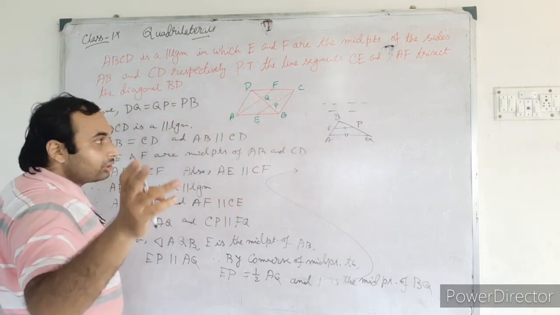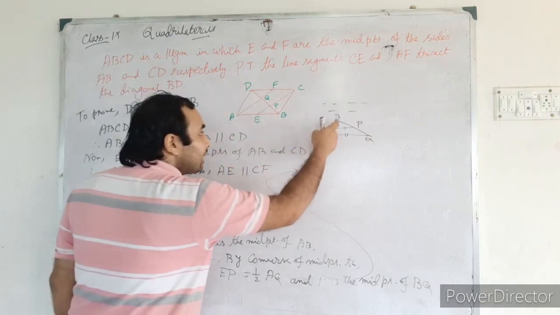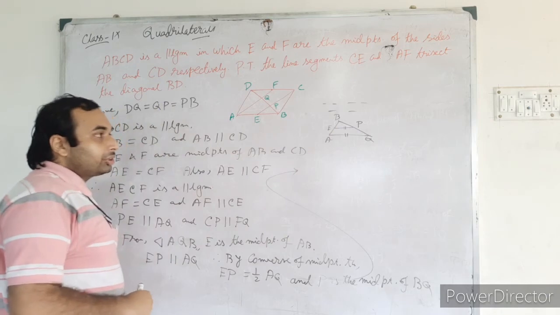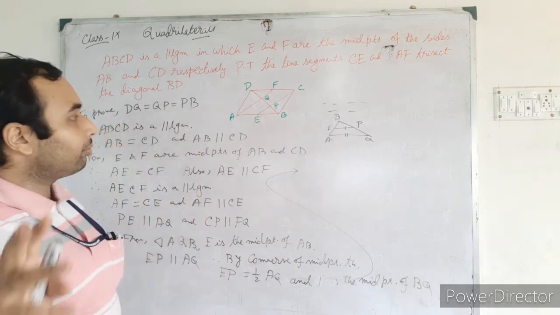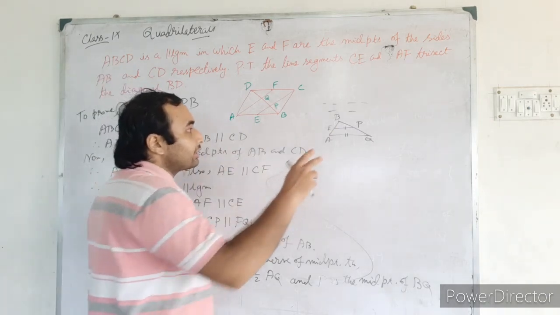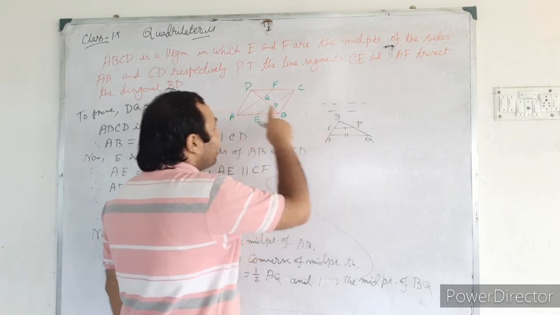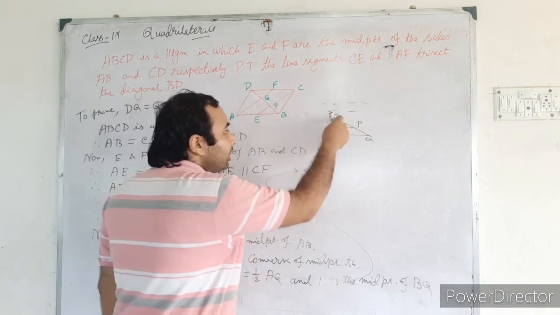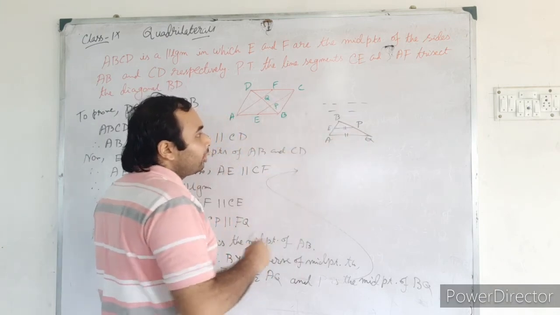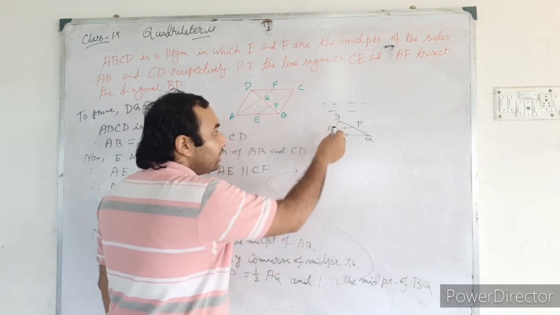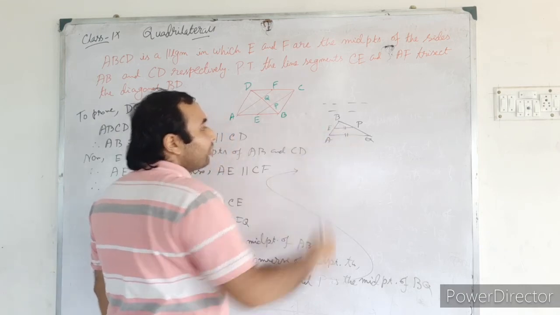That one was there. E is the midpoint of AB, it was there. So by converse of the midpoint theorem, we can definitely say that this P is the midpoint of BQ now. And another thing, that is EP is half of AQ.